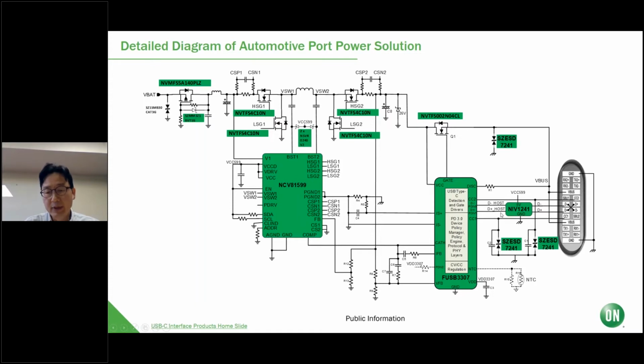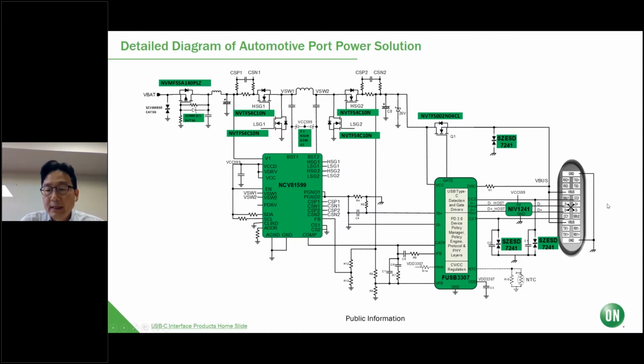D+ and D- handle charger type detection for the sink device. Actually, there are no USB data transactions; it is only for charger type detection. The sink device is detected by CC, and the VBUS path is controlled by another FET that is controlled by the gate pin of the 3307, which controls the gate when the sink is attached.